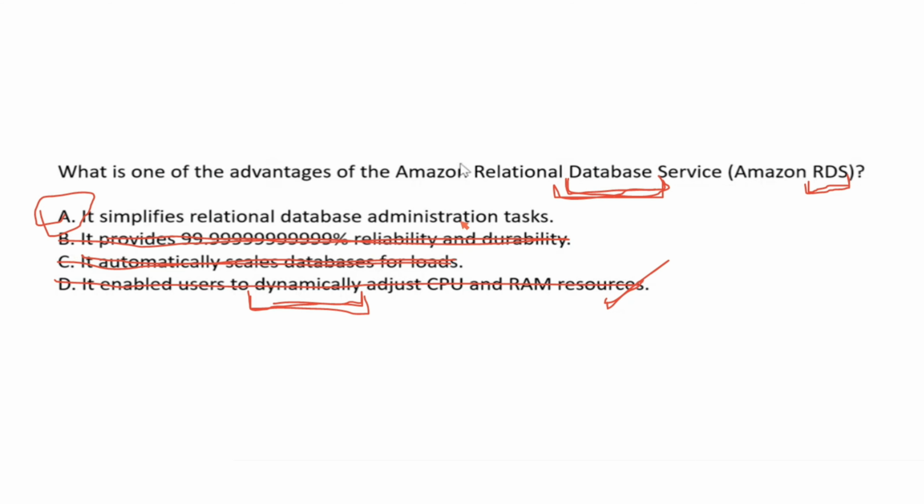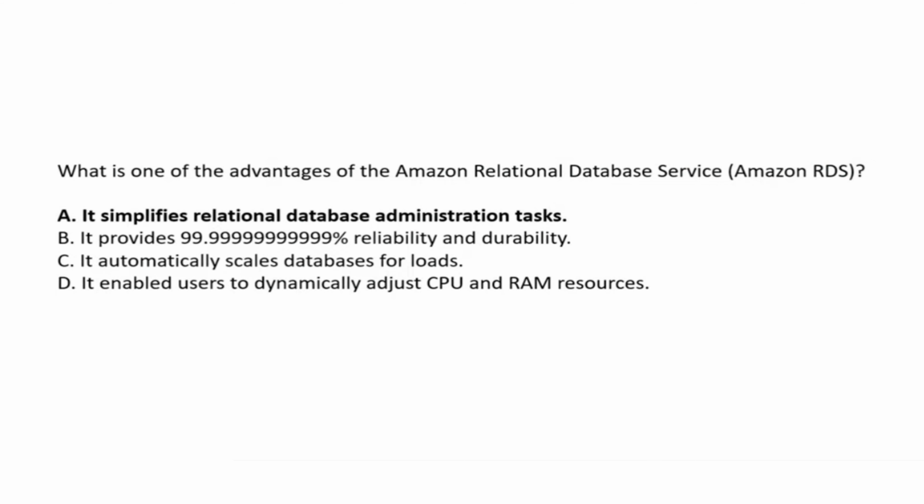RDS allows us to adjust CPU and RAM resources, but it doesn't do so dynamically, and hence our option here is option A. Okay, so the option here is option A, right?